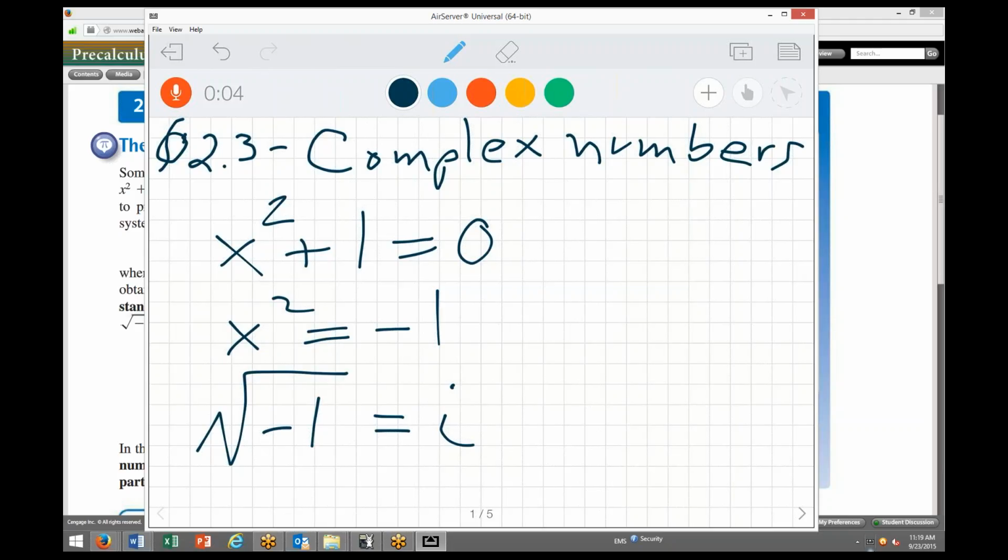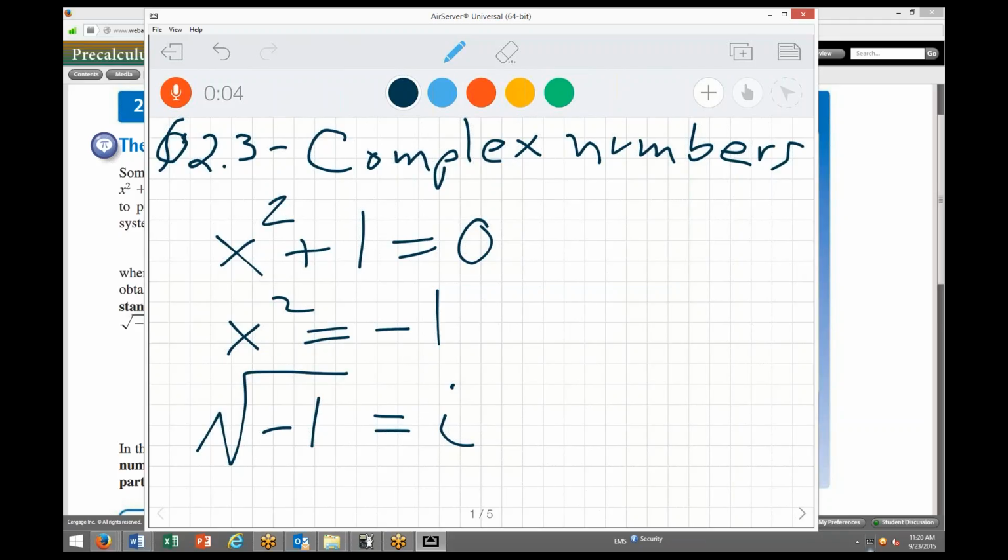That i was actually first used by the Swiss mathematician Euler back in the 1700s. And Gauss, the mathematician of the late 1700s and first half of the 1800s, is the first one to call these numbers complex numbers.